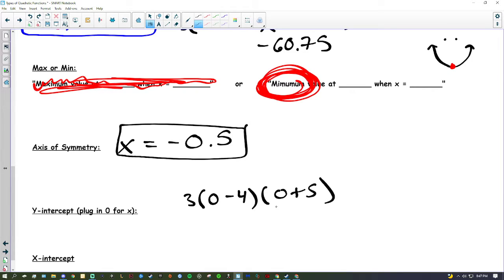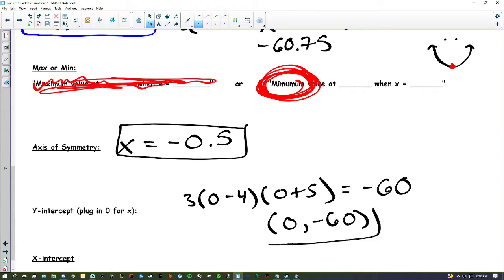Okay, I have my answer. All right, what did you get? This is equal to negative 60. That means my y-intercept is at the point 0, negative 60.